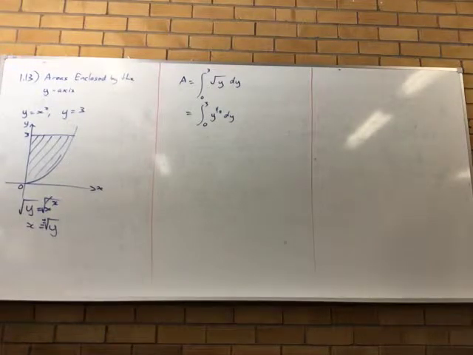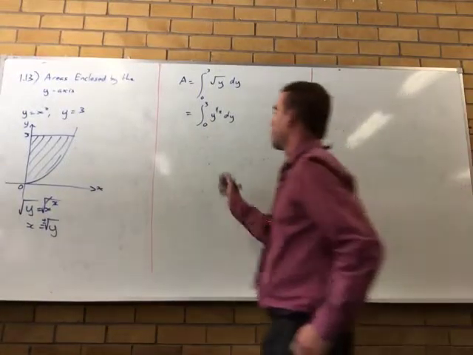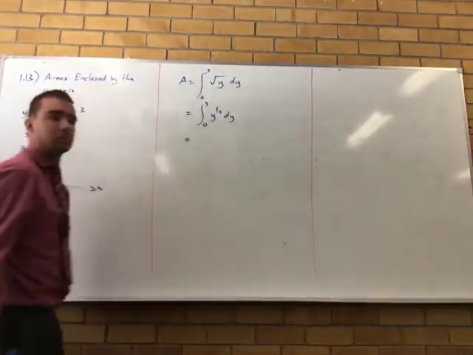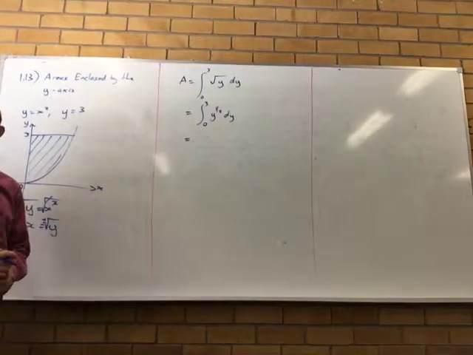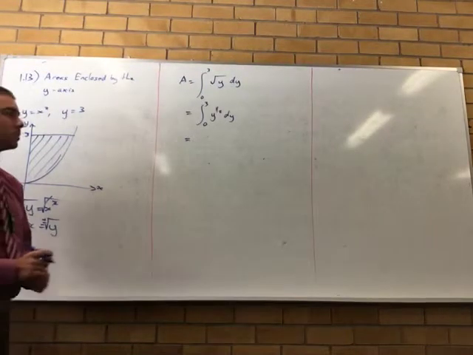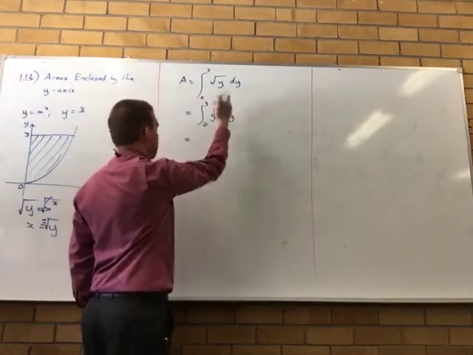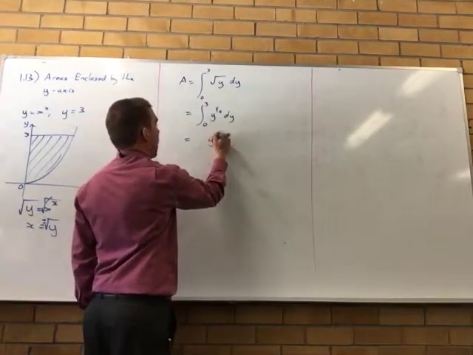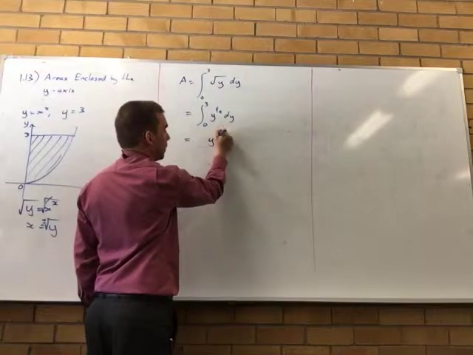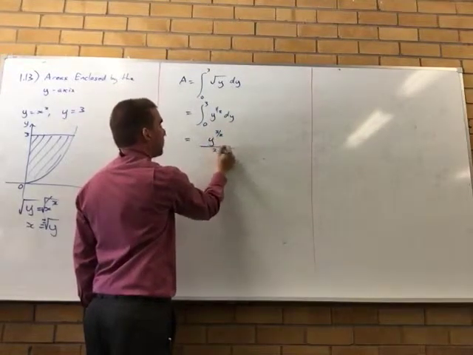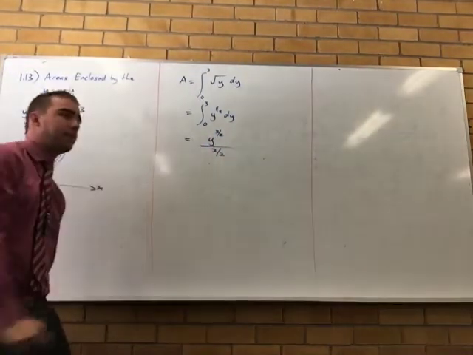Okay, so what is the integral of y to the power of half? Yep, we'll just leave it in fractional form. So we have y to the power of half plus 1, which is 3 over 2. Divide by your new power.